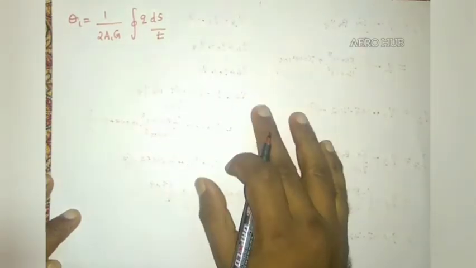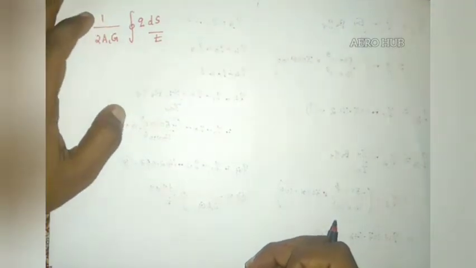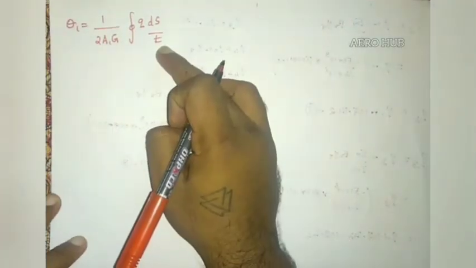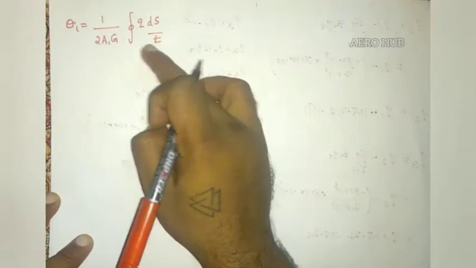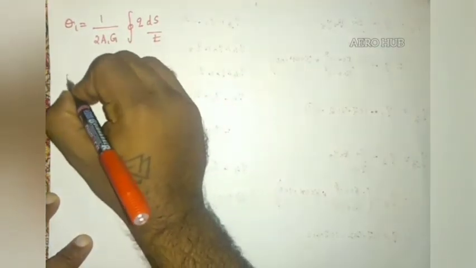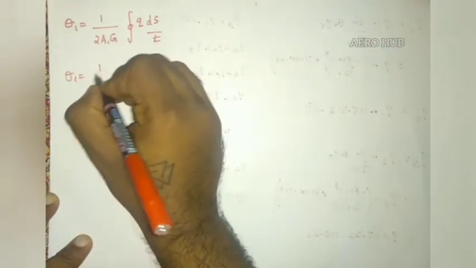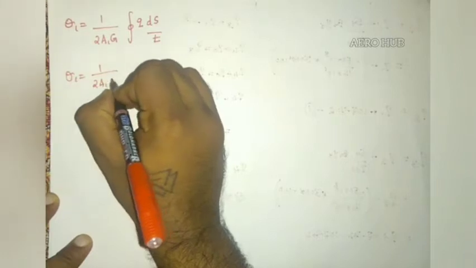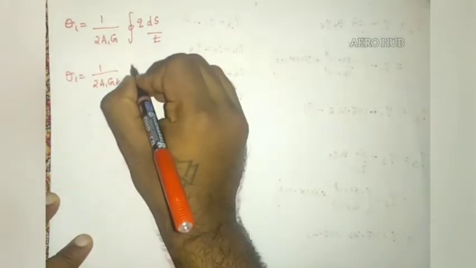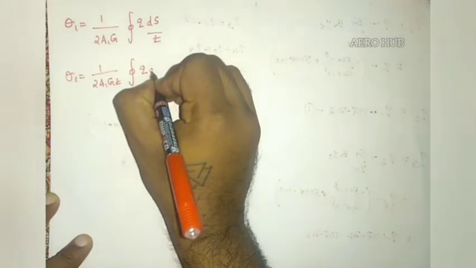And you can see that we have a thickness term here, which is 2 millimeter and is constant for the entire section. The thickness term t is constant for the entire section, therefore I can take this outside. So theta 1 is equal to 1 by 2A1Gt integral q ds.